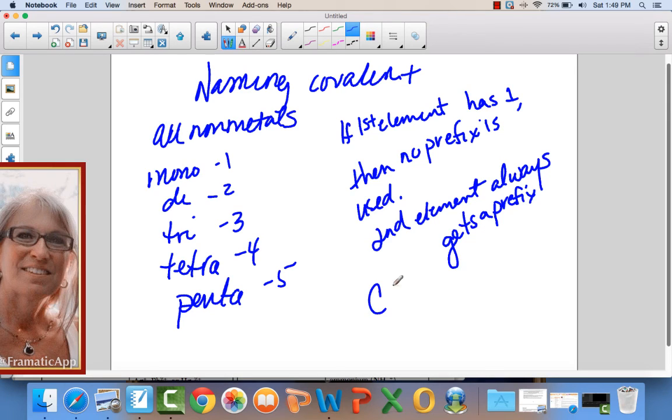For example, CO. There's 1 carbon. We don't use a prefix, so this is just carbon. Mono is 1, but we can't write monooxide, so it's monoxide. We have to drop the last letter. You can't have 2 vowels next to each other.